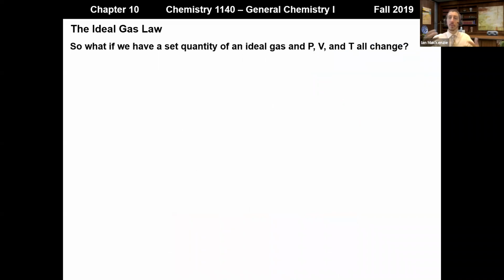Now, one more thing to go with all of this. Say that we have a set quantity of an ideal gas, and the pressure and volume and temperature all change. So we're under one set of conditions, and then we enter a case where all of those change. We've done small examples of this when we were doing Boyle's and Charles' laws, but we didn't do all three together.